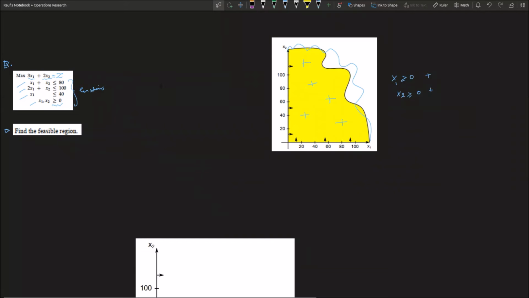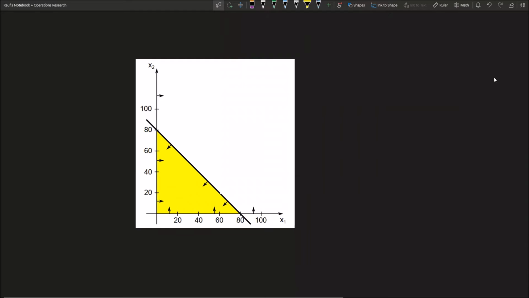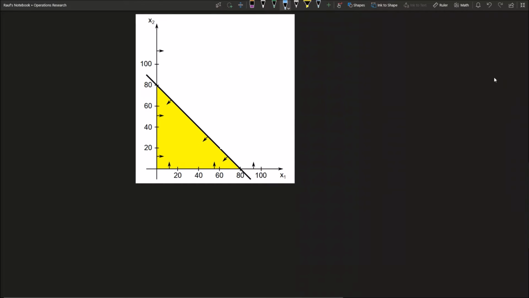Okay, now we have a general area on the positive side of the Cartesian graph. Now let's try to draw some lines. Let's represent the equations mentioned in the constraints, as we learned before how to draw line equations on the graph, to be able to decide the feasible region. First, the constraint says x1 plus x2 less or equal to 80.